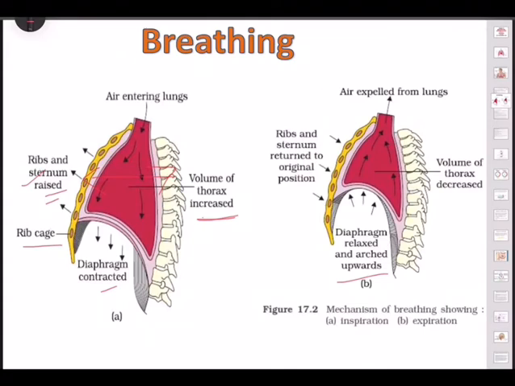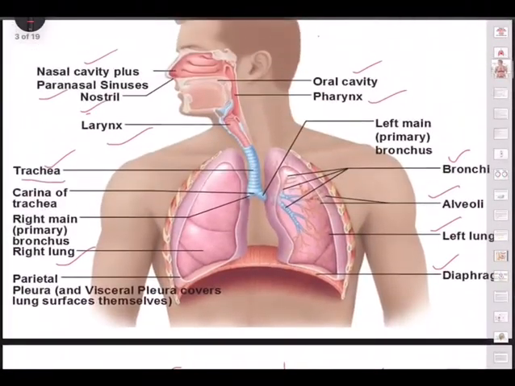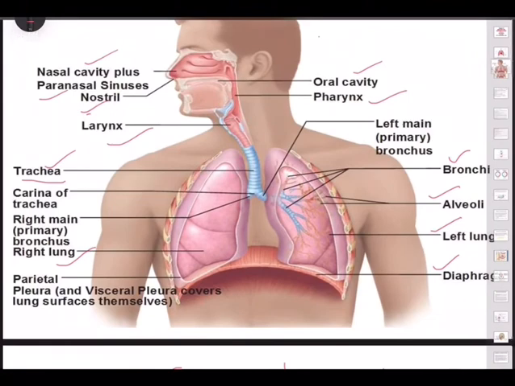That's inspiration. So the pathway of the movement of fresh air into the lungs starts with, let's come back to the diagram that I told you to practice. Here. So first it is the nostrils, external nares, then the nasal cavity, then the internal nares, and then the pharynx. This tube-like structure is the pharynx, and from the pharynx it is the glottis.